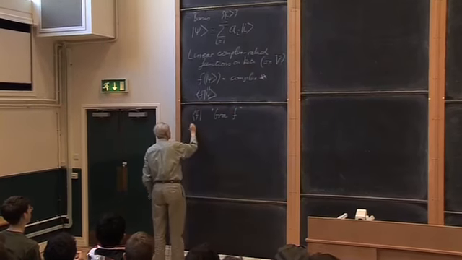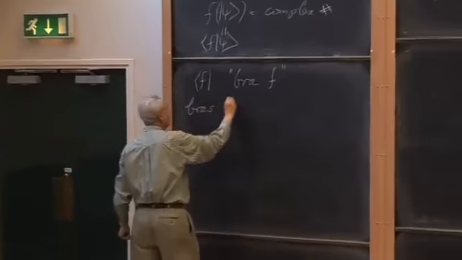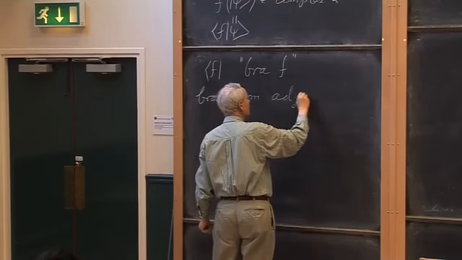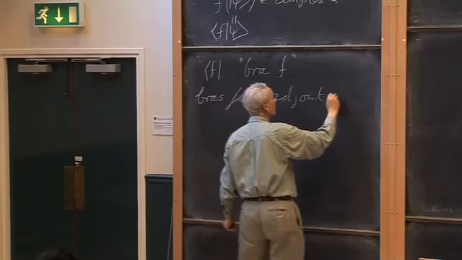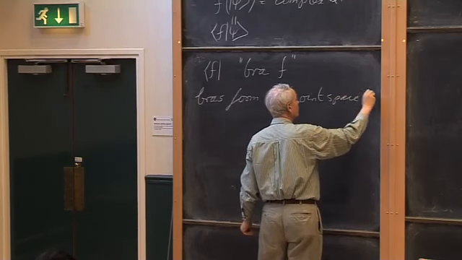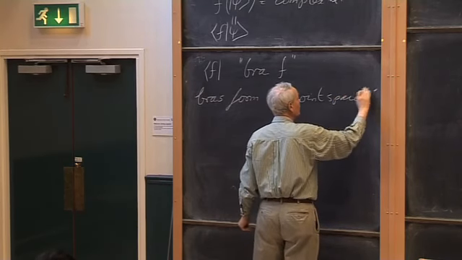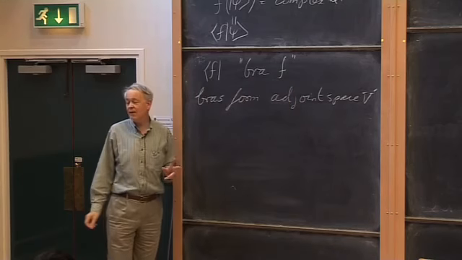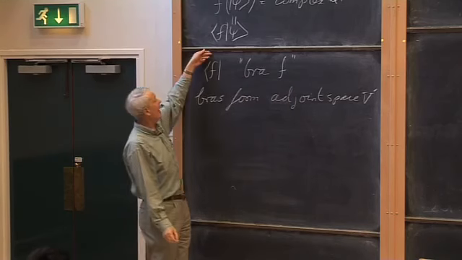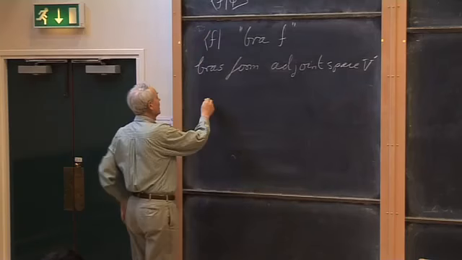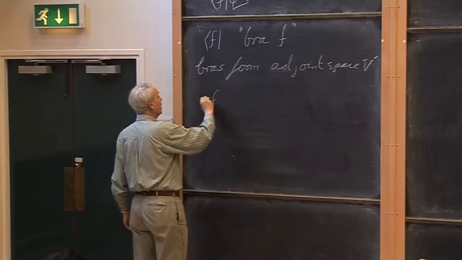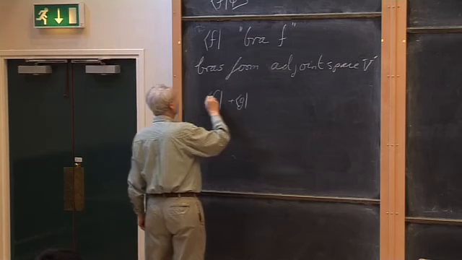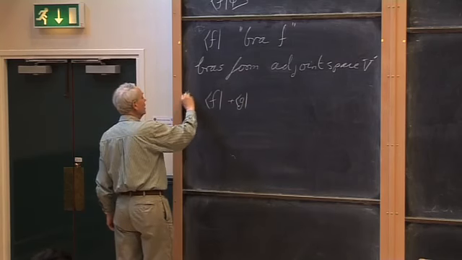So the bras form the adjoint space, often called V-primed. Why do they form a vector space? Because I know what it is to add two bras. If you give me a bra F and a bra G, I can form a new bra. Let's call it H for originality.